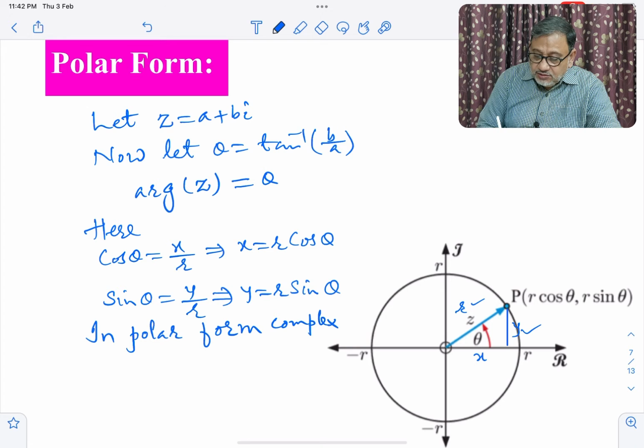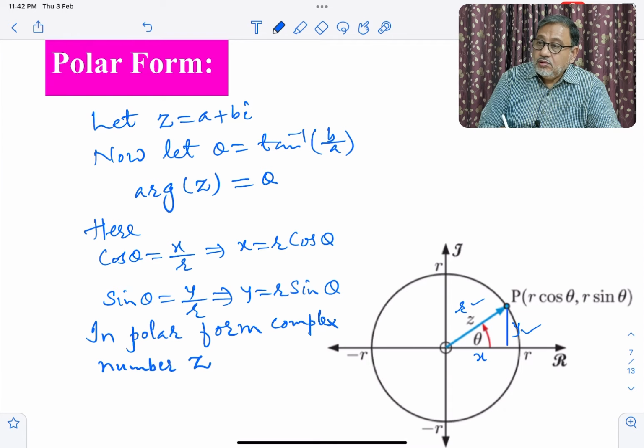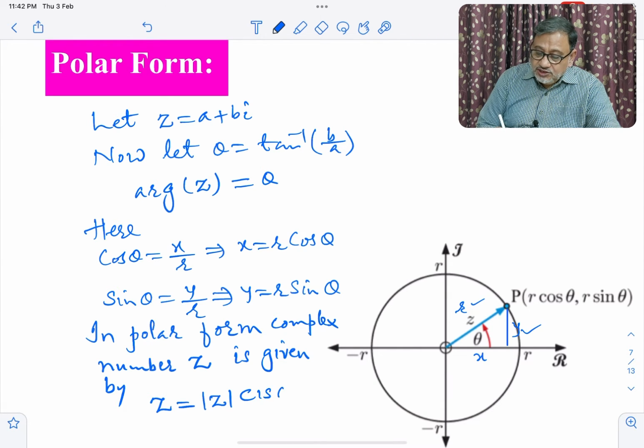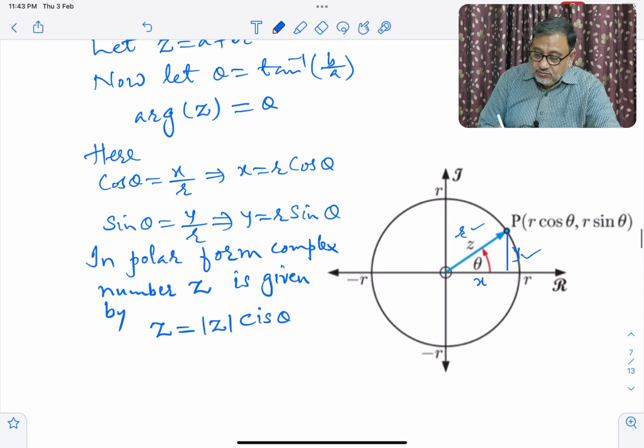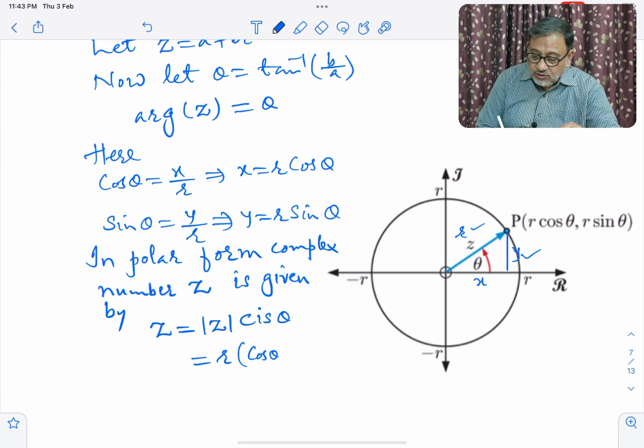The complex number z is given by z is equal to modulus of z into cis theta, where modulus of z you already know is r, and cis theta means cos theta plus i sin theta.